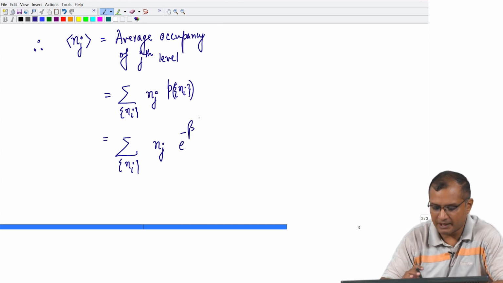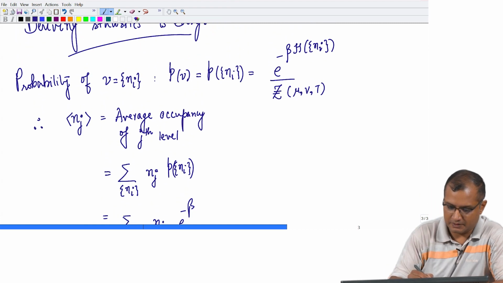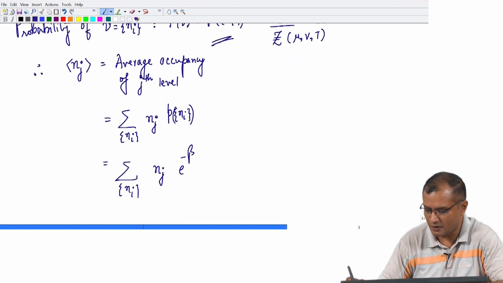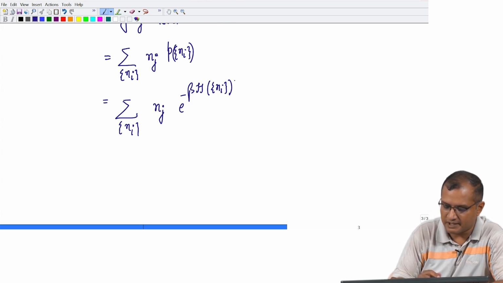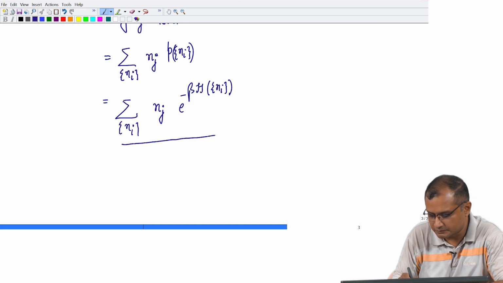I am now going to plug in the form of the probability here, which is this. Its form is e raised to minus beta times the energy of some microstate that is summed over here, divided by the grand canonical partition function.